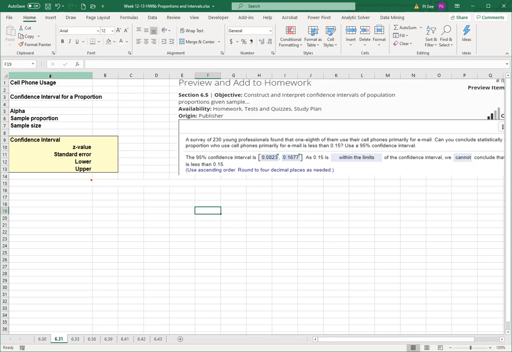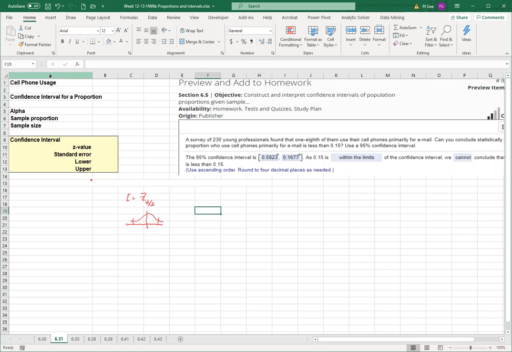The idea here is that the error this time is going to be equal to z of alpha over 2. The reason it's alpha over 2 is symmetry, just like when we use the t. It's two-tailed, so we remind ourselves by the nomenclature like they use in the book, z alpha over 2.